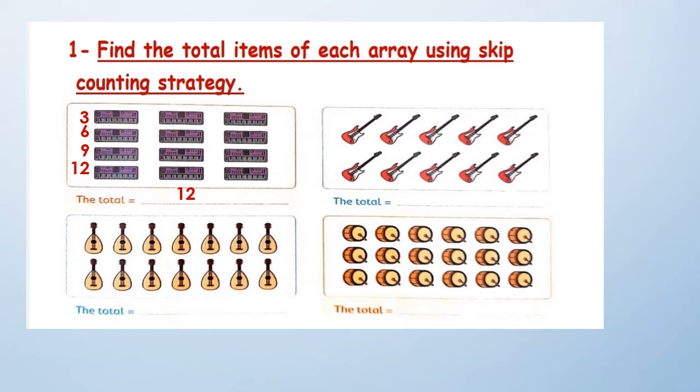The second array, I will use the columns to skip count to find the total items. Each column has 2 items, so I will skip count by 2. Let's start with 2, 4, 6, 8, 10. Then the total number is 10.